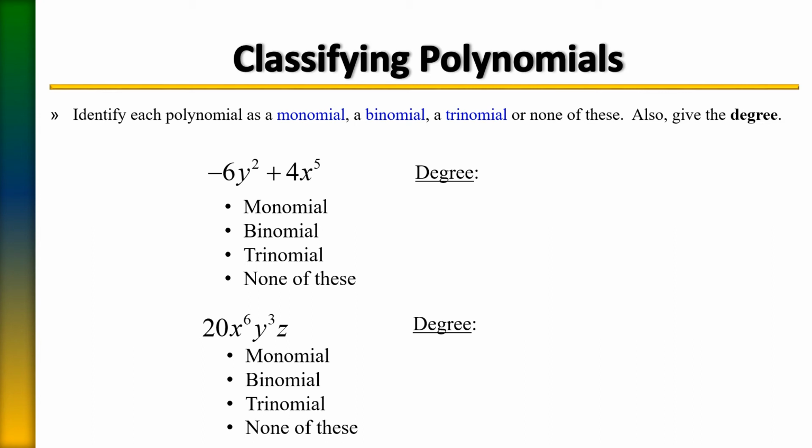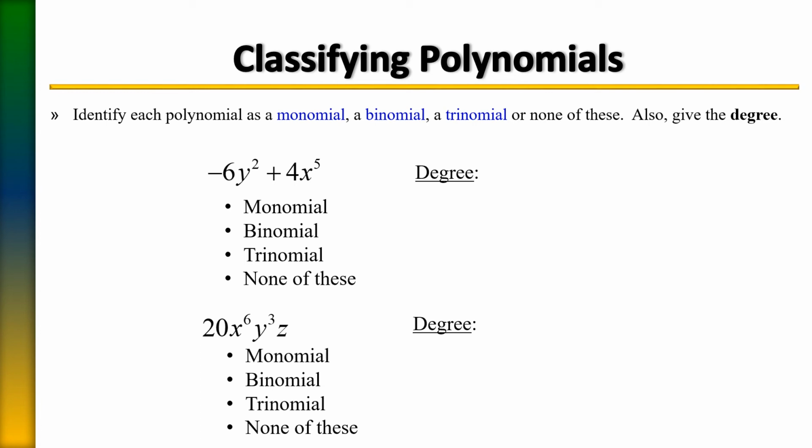Also, I want you to determine what the degree is. So let's start with the first example. Would you say that this is a monomial, binomial, trinomial, or none of these? And when we say none of these, you're saying that it doesn't fit any of the 3 categories, and so then we would just call it a polynomial.